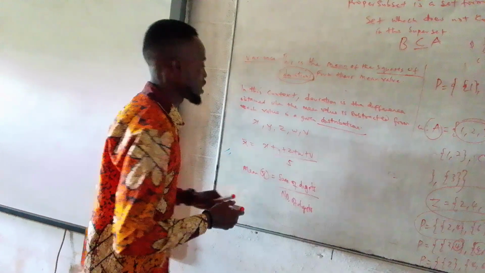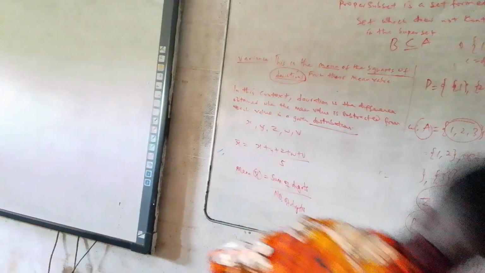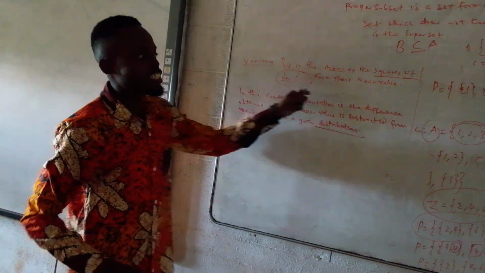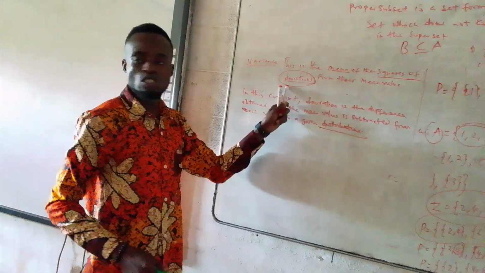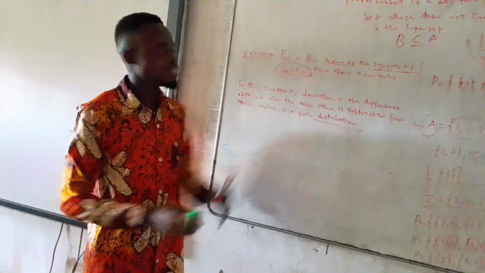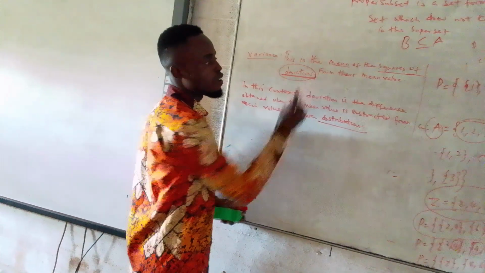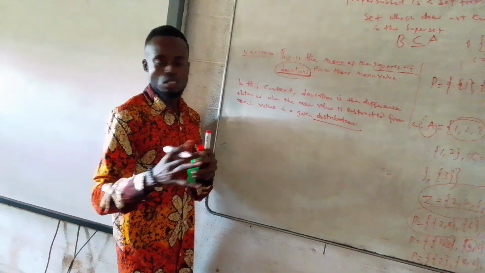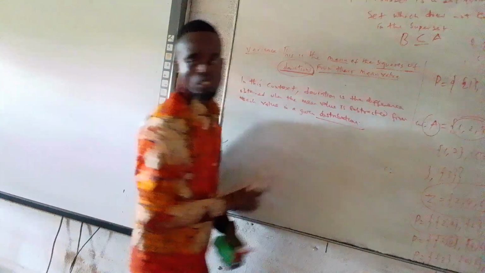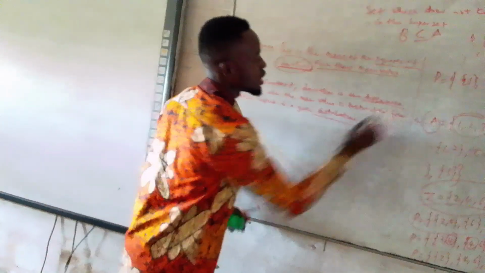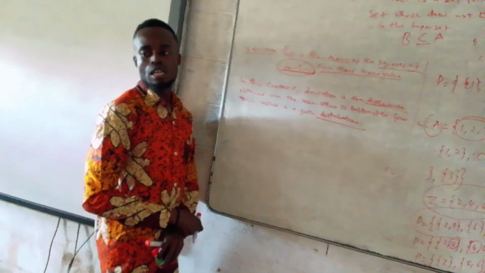Let's take for instance now. I said that variance is the mean of the squares of deviations from their mean values. That means we can get the deviations of a set of values from their mean value by what? By subtraction. Are you there?